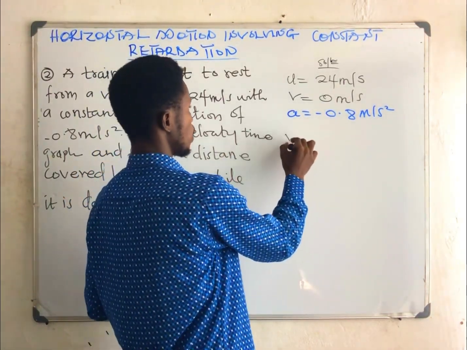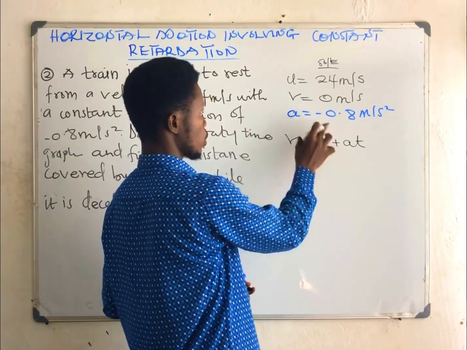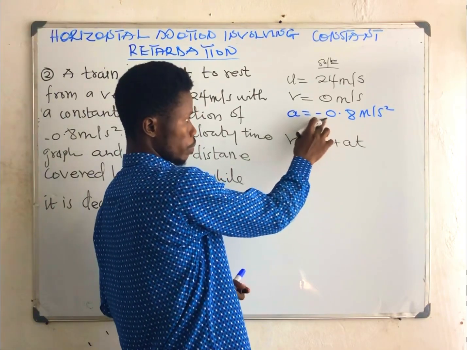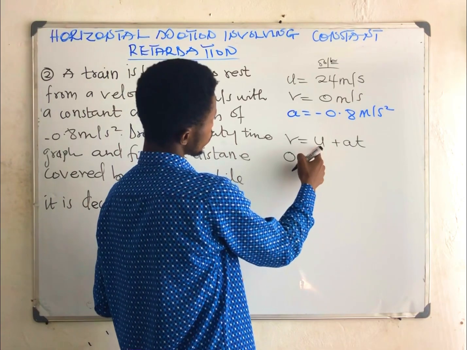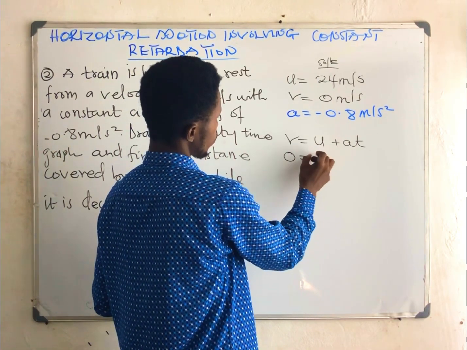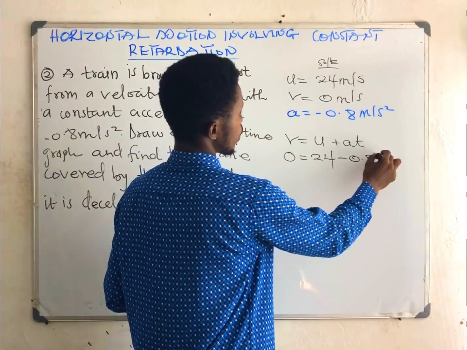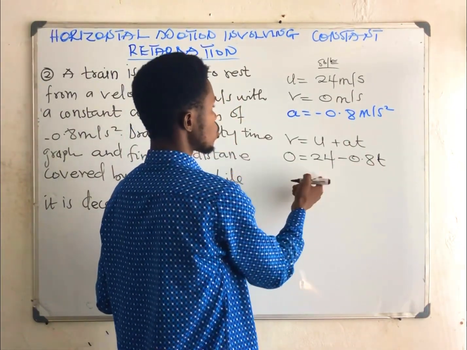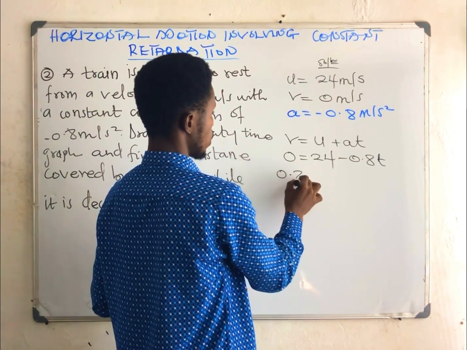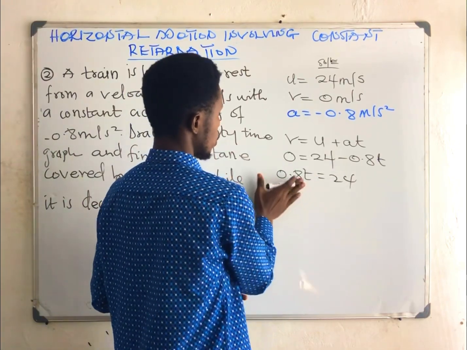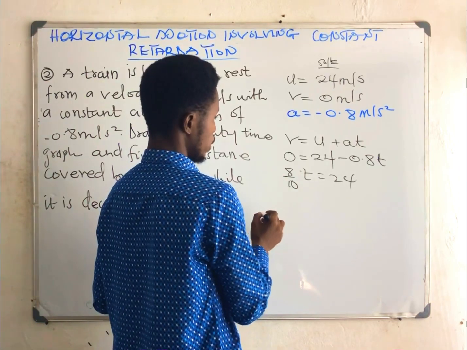So let's work here. V equals U plus AT. You see I'm using plus here because already the negative I have it here already. So my V is 0. My U is 24 minus A, which is 0.8 times T. I want to find T. So if I group like terms, I'm going to have 0.8T equals 24. But this 0.8 can be written as 8 over 10, right?